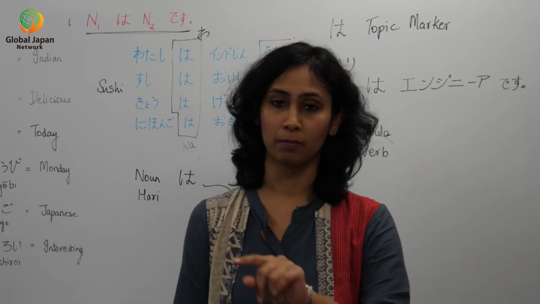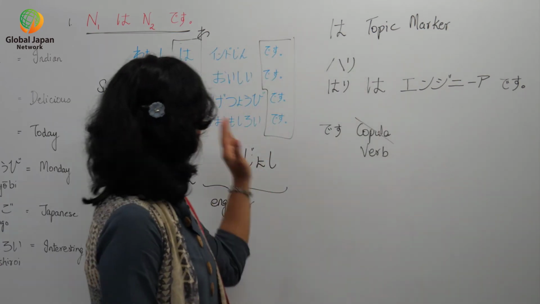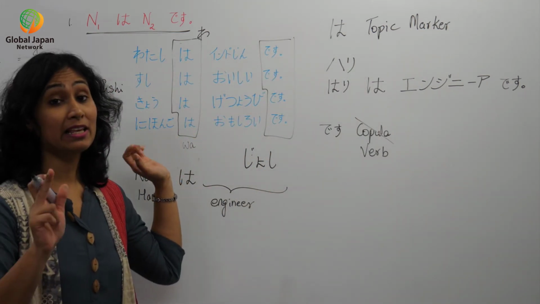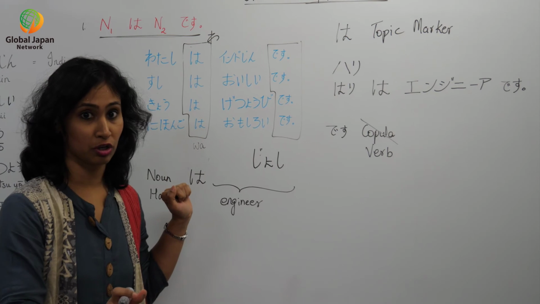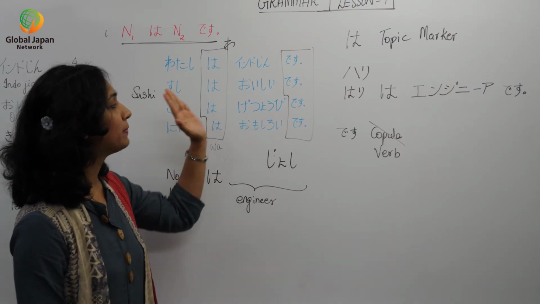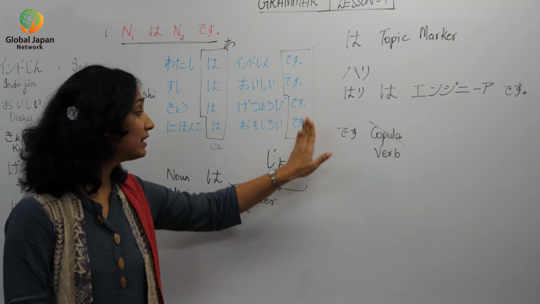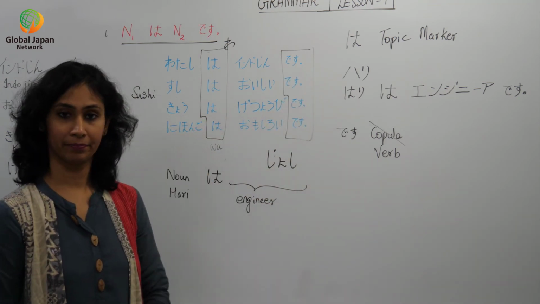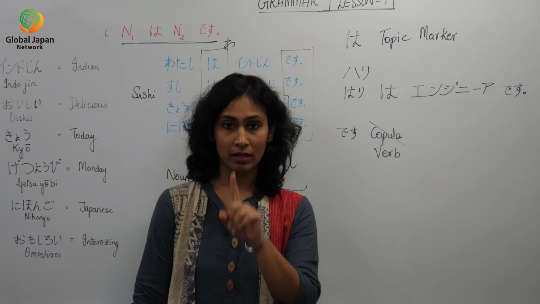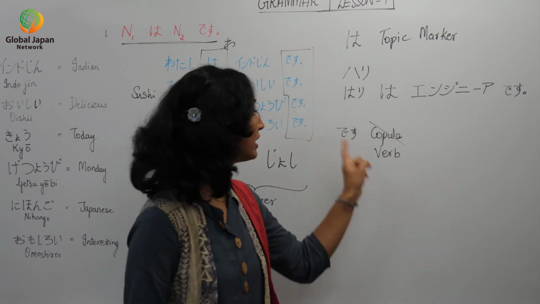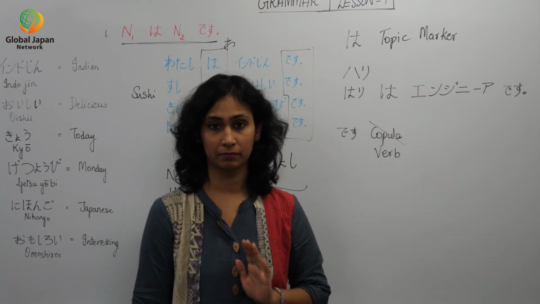This is a verb, and since in the Japanese sentence structure, verbs are always placed at the end, this will always come only at the end of a sentence. Point number 1. This is a verb, so it will be placed only at the end of the sentence.